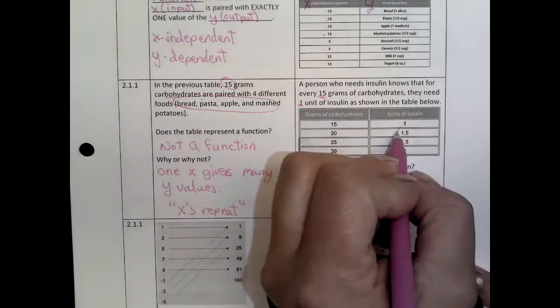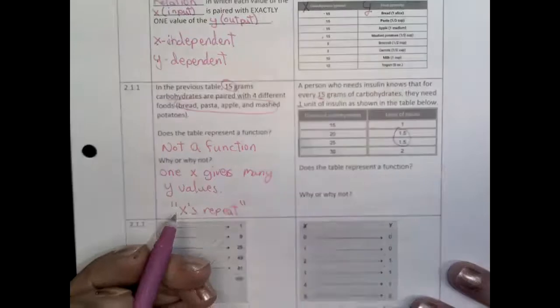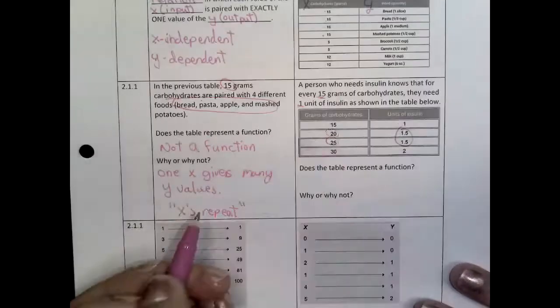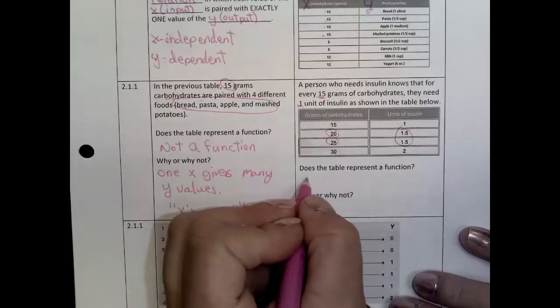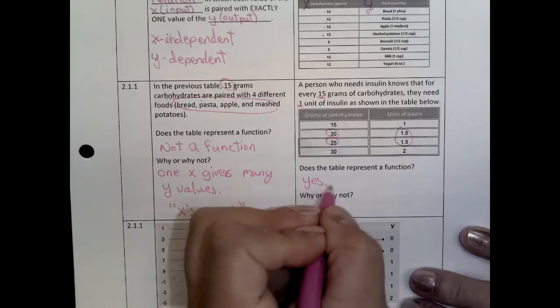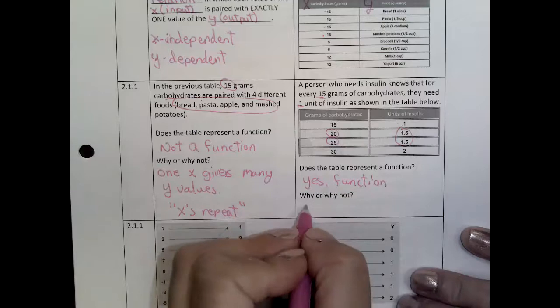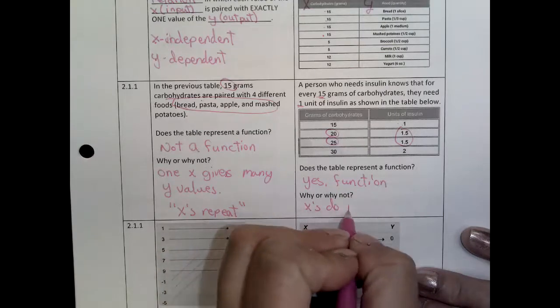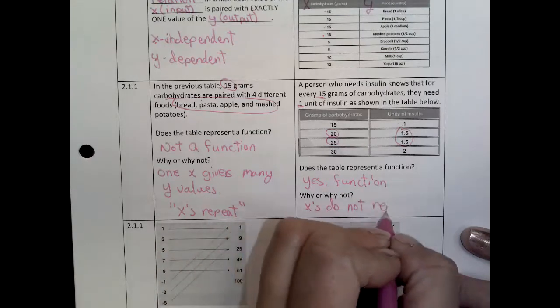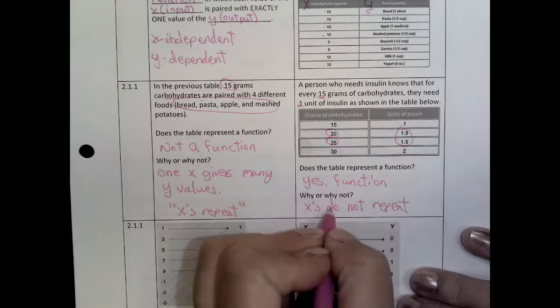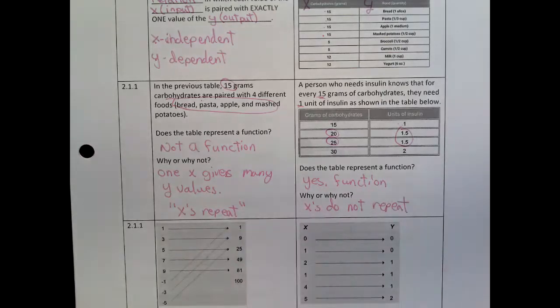Yes, I do. It doesn't matter that these two y values are the same. The x values are different. That is what I'm looking for. So yes, this is a function, and our reason is x's do not repeat, or for every x, there's only one y.